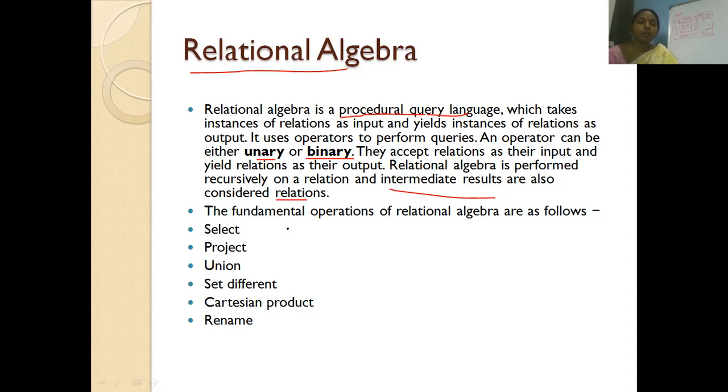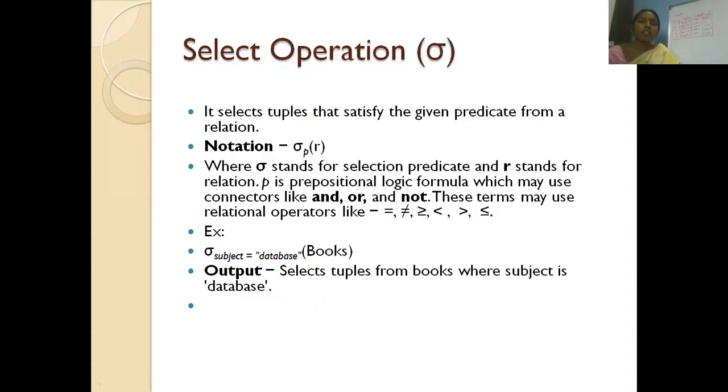The fundamental operations of relational algebra are as follows: select, project, union, set difference, Cartesian product, and rename. First we go with the select operation. The select operation selects the tuples that satisfy the given predicate from a relation.